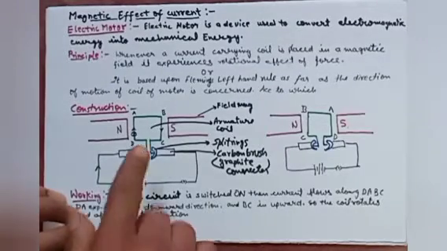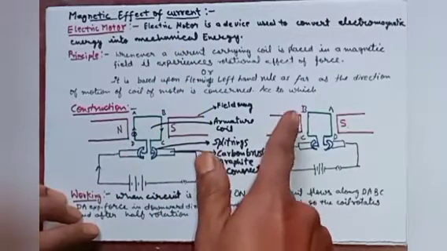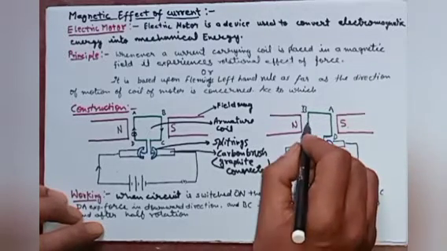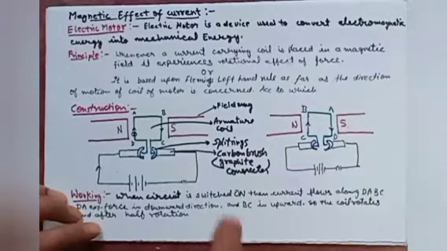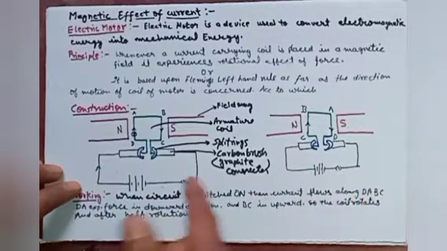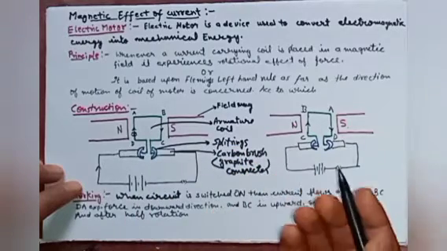So after half rotation, like this BC part comes on left side and AD part goes on other side, and the way current is going this way. So actually these split rings are also called commutator. So now you can see they commute the direction of current.